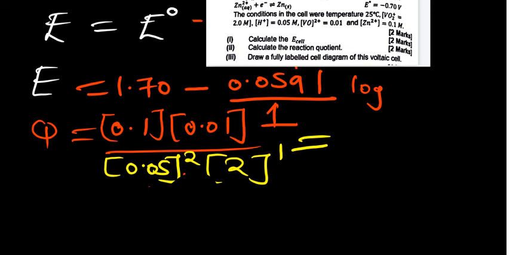What's the answer? 0.1 multiplied by 0.001, so 0.001 divided by 0.5 squared is what? Times 2.